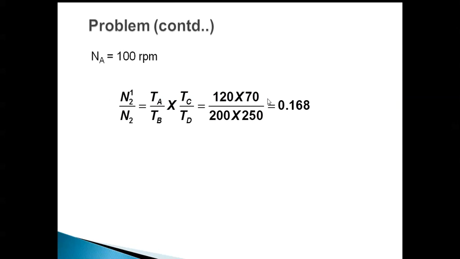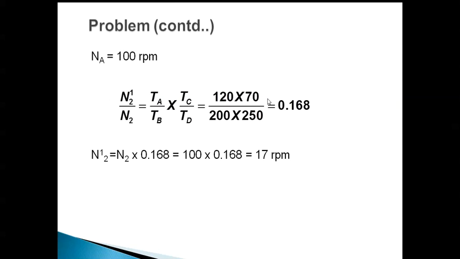That is 120 into 70 by 200 into 250, a ratio of 0.168 for the number of teeth. So N2 dash equals N2 into 0.168, that is 100 into 0.168, that is 17 RPM.